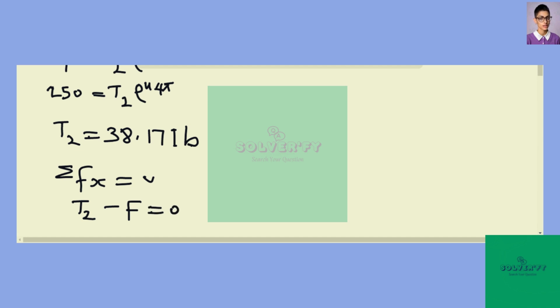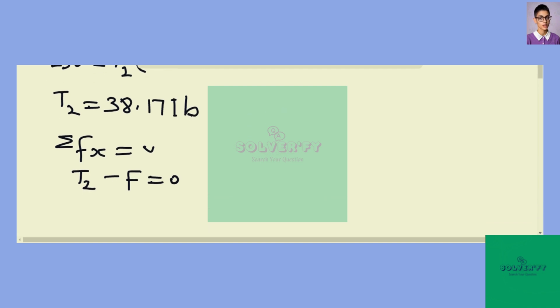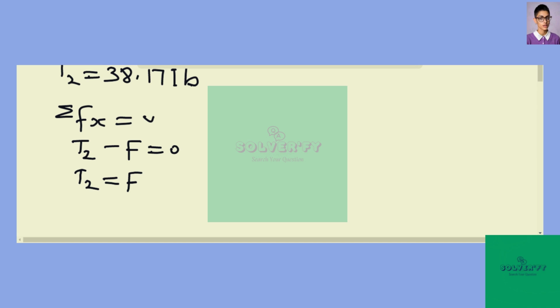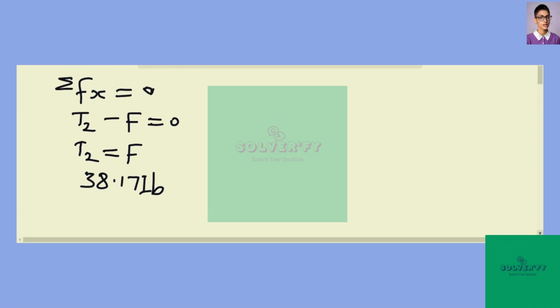So when you solve this, since we know the value of T2, T2 is equal to F. Therefore, the frictional resistance that is required is just 38.17 lb, which we have already found.